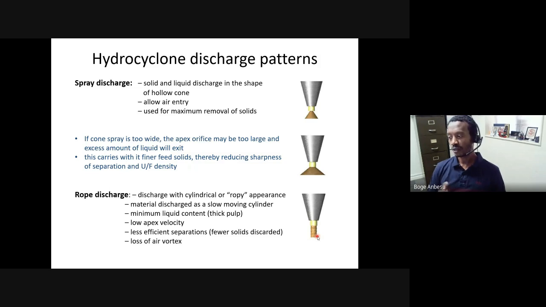And with roping, efficiency decreases, capacity decreases, and therefore you'll be running into problems very quickly. Okay, so most of the cyclone models that we use to predict performance of a cyclone can also predict if roping can happen during operation or not, based on whatever variables and operating conditions you select as well.